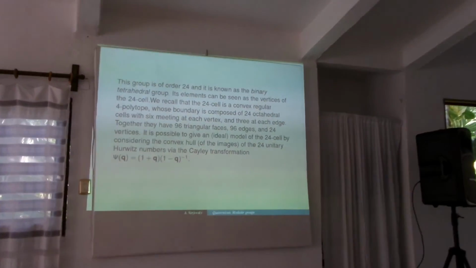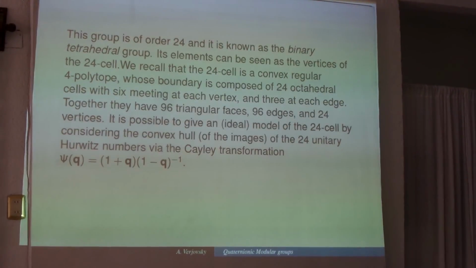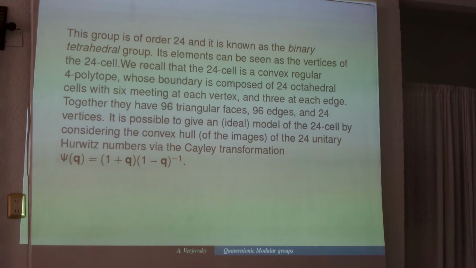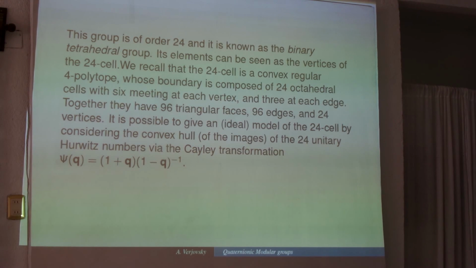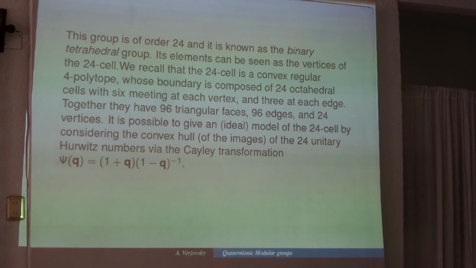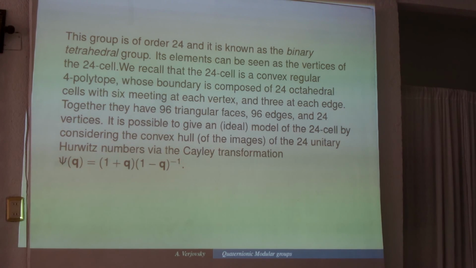Anyhow, this beautiful object, you know all its combinatorial properties: it's a regular polytope in dimension 4, with 24 octahedral cells. All the information is there.